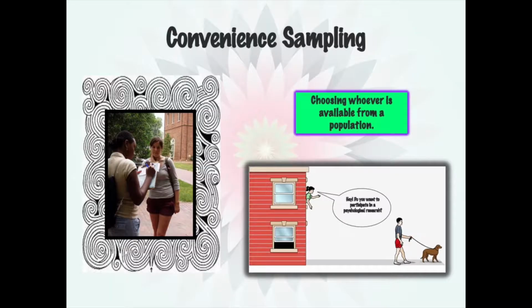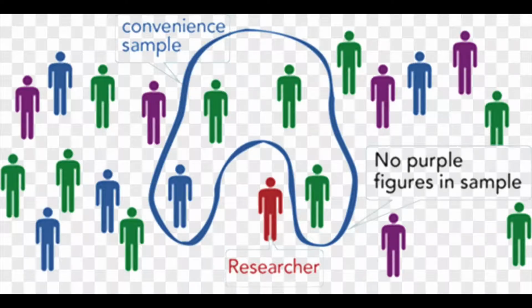Okay, so the first non-probability sampling method that we're going to talk about, so switching gears from the broad category of probability sampling into the next broad category of non-probability sampling, is convenience sampling, and this is just choosing whoever's available from the population, so whoever volunteers or whoever we can talk into participating.